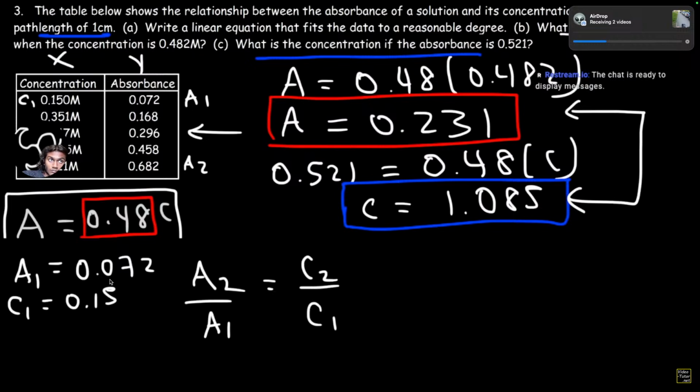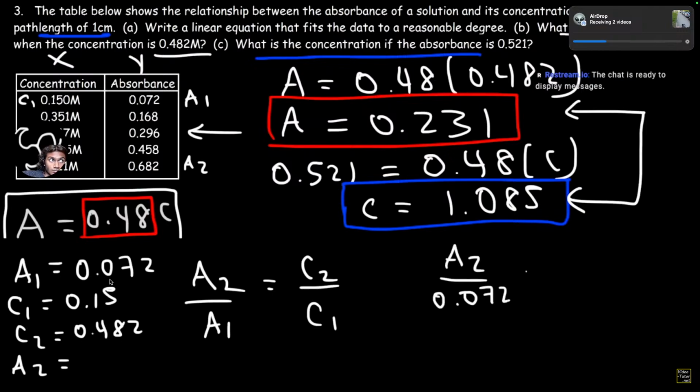Now, in part B, I want to calculate the absorbance when the concentration is 0.482. So C2 is going to be 0.482, and I need to calculate A2. So it's going to be A2 over A1, which is 0.072, and that's equal to C2, which is 0.482, divided by C1, which is 0.15.